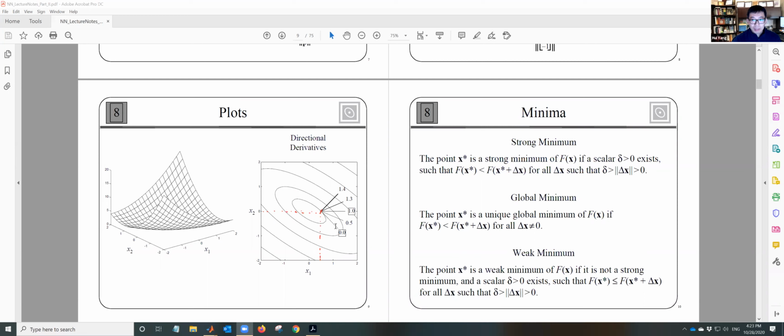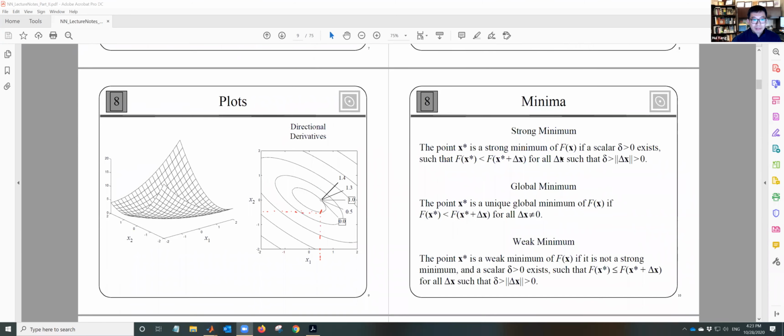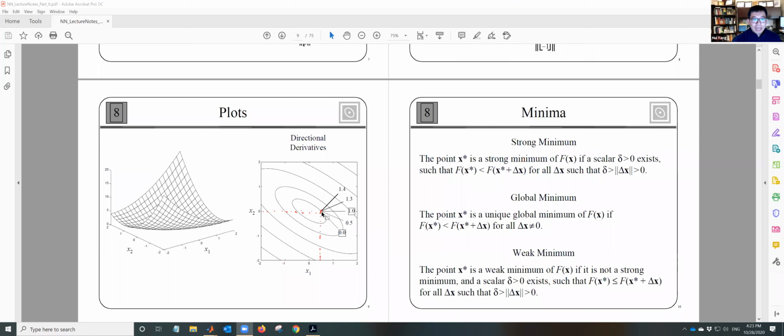So if you want to see the directional derivatives, okay? Which one is the derivative? At this x star, all these vectors, which one is my gradient? Is this my gradient, or this one, or this one? Which one is the gradient?